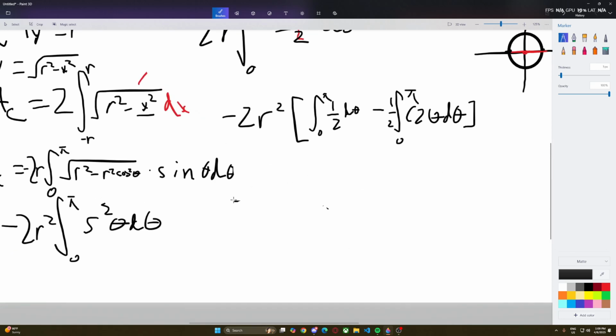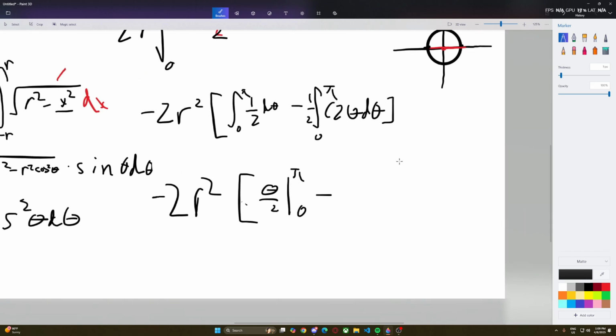And so you do your math. This is just so much to do. Okay. So 1/2 d theta just turns to theta over 2 from pi to 0 minus now cosine 2 theta, that's just sine 2 theta over 2, so that should be sine 2 theta over 4 from pi to 0.